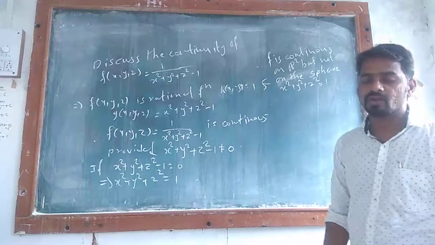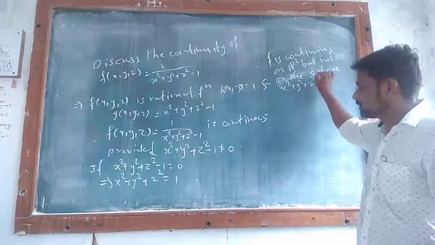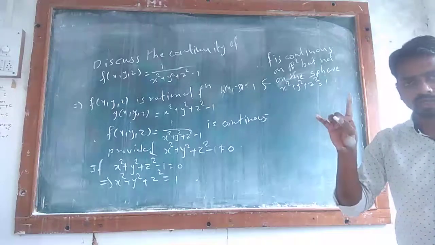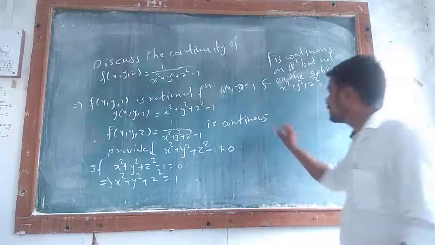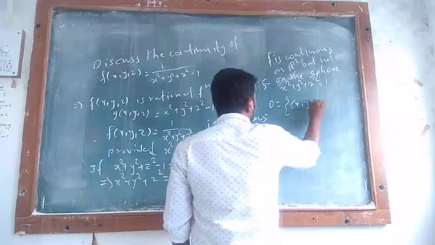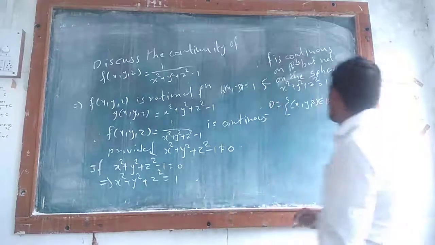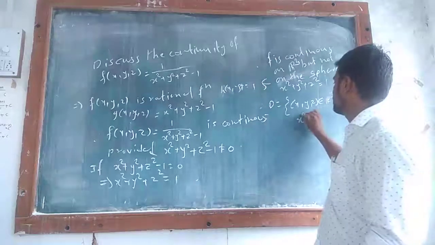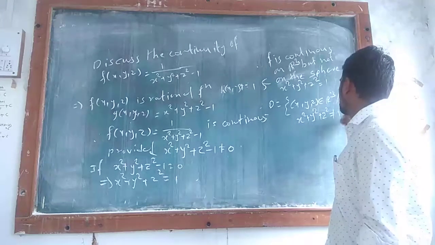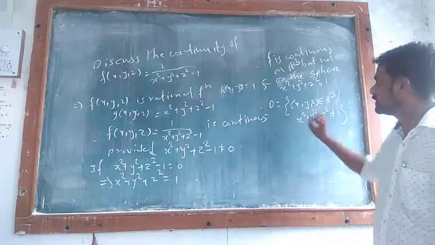This is continuous over all of the space but not on the sphere centered at the origin with radius 1. This is the discontinuous part. Therefore, D is (x, y, z) belongs to R cube, but x square plus y square plus z square is not equal to 1. This is the only condition for continuity. Okay.